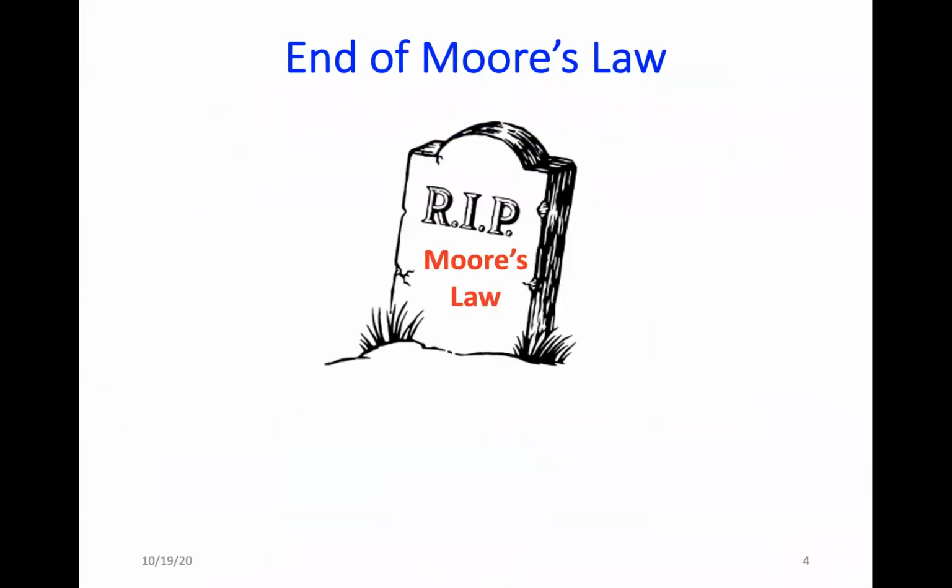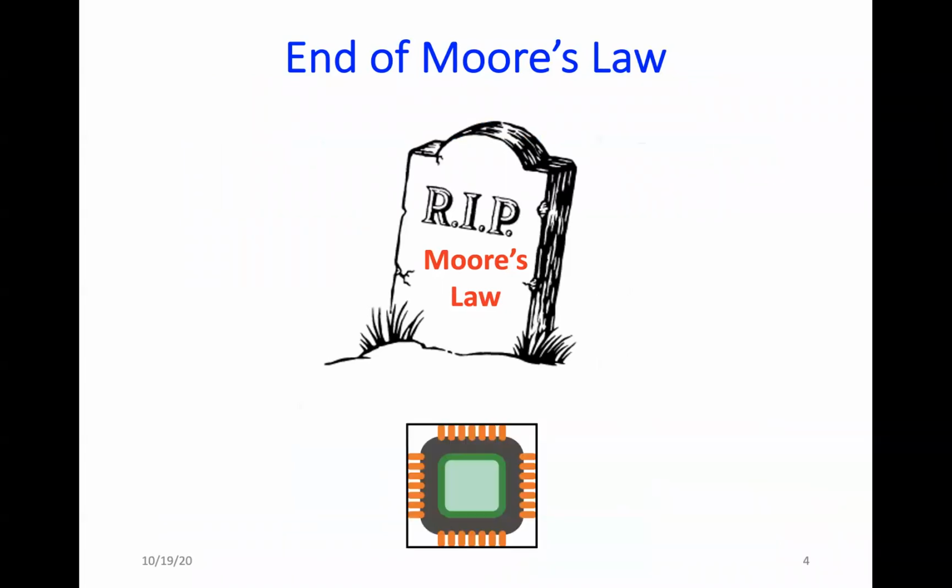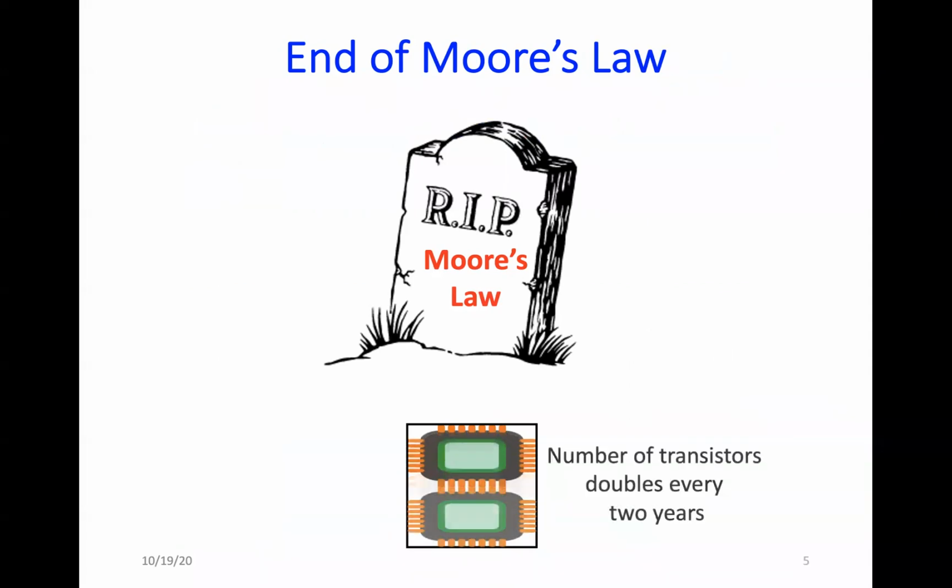As you all know, with the end of Moore's law, for those of you who don't know what Moore's law is, it states that every 2 years we can double the number of transistors on the chip and therefore double its performance. Now we're reaching the physical limitations of that, which prevent us from doubling the performance every 2 years.